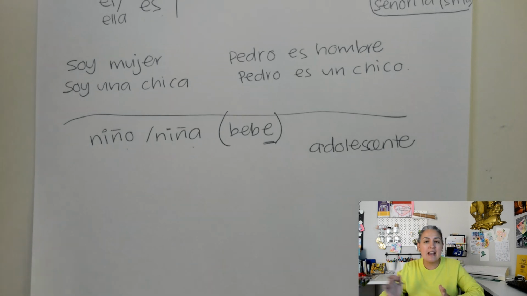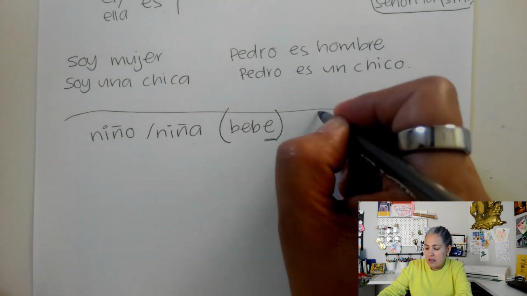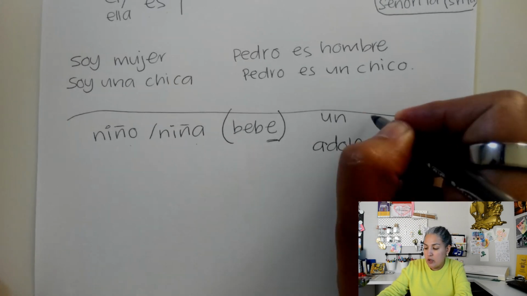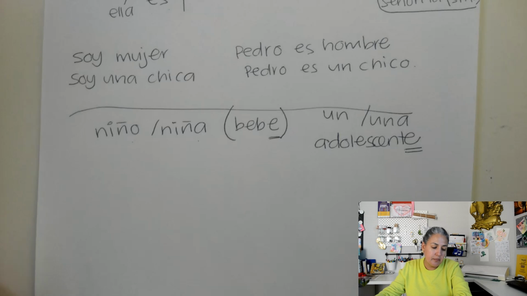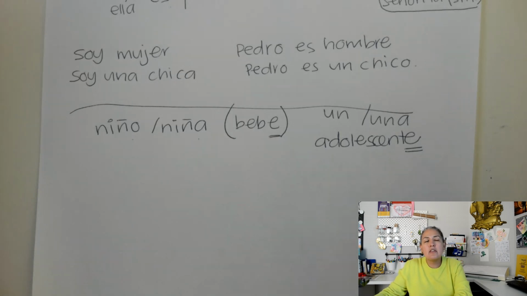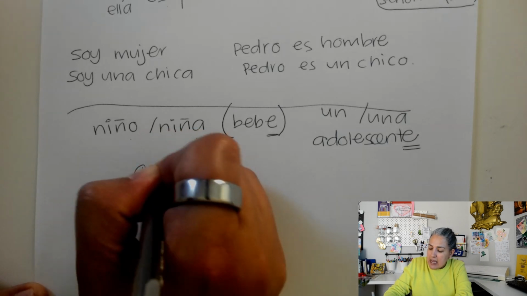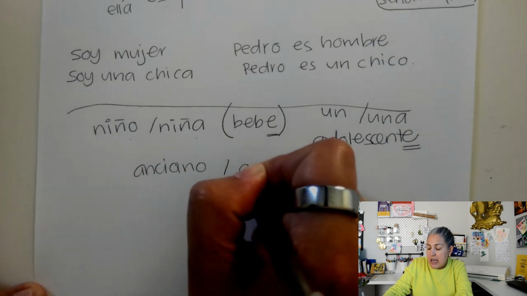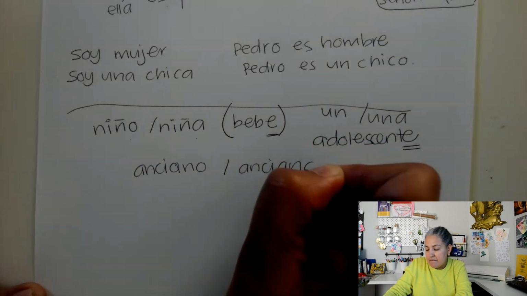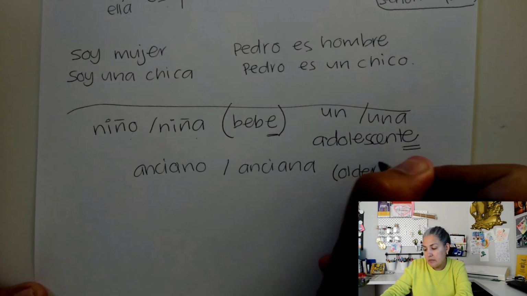So bebé and adolescente end with an E. So we just say un adolescente if it's a boy or una adolescente if it's a girl. Now let's think about someone older. We can say anciano or anciana. That means older. So this is an older person.